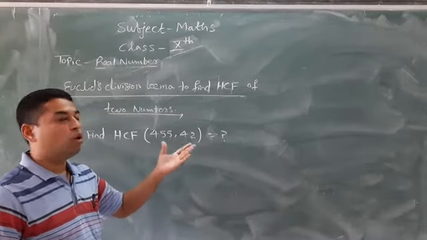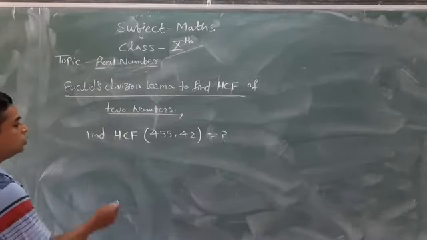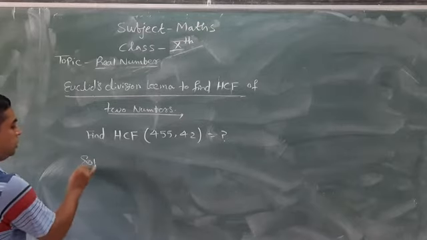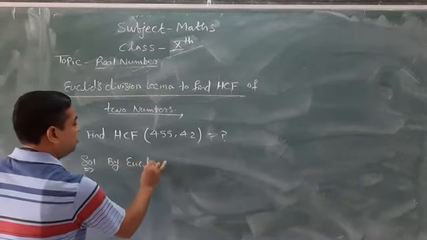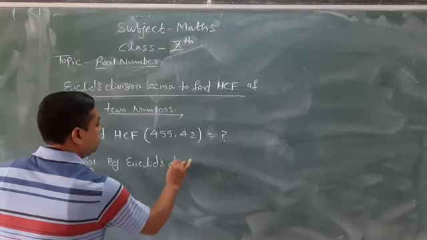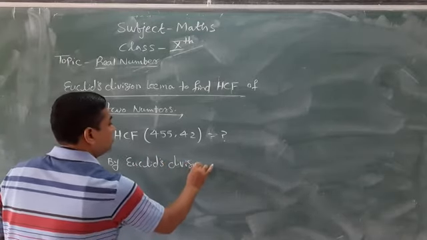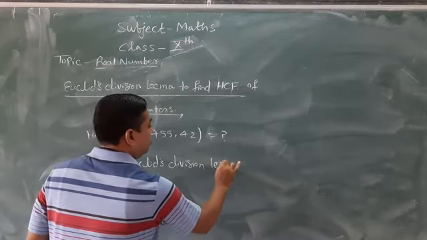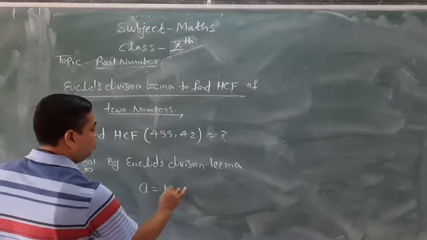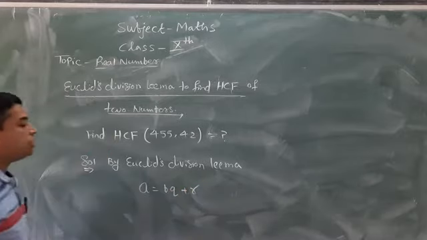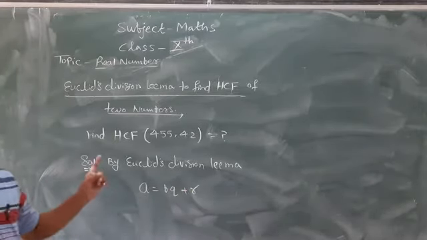So how will we obtain it by using this division lemma? The statement of Euclid division lemma is a = bq + r.